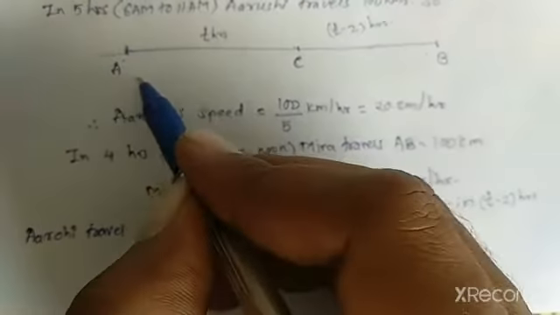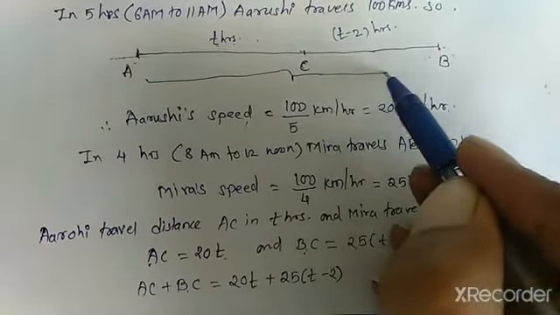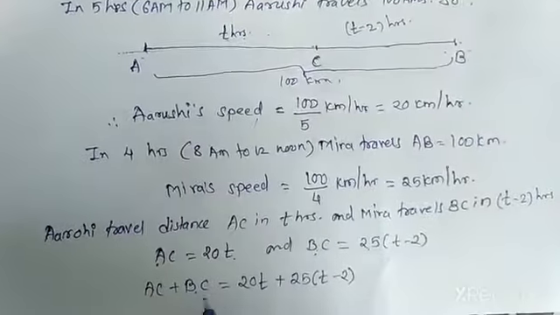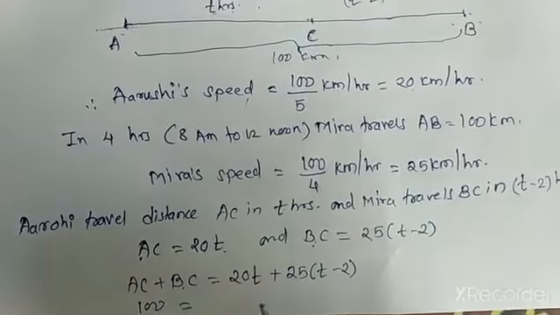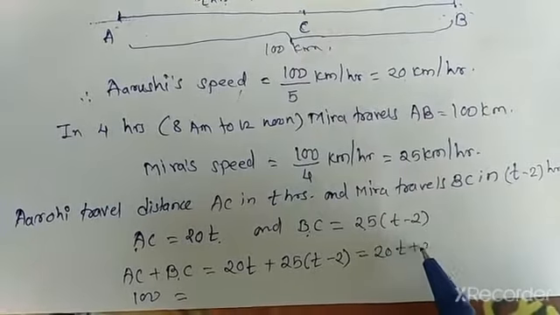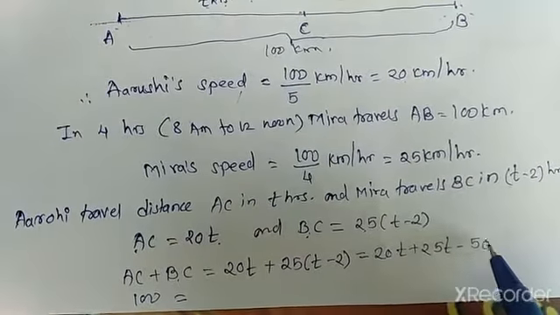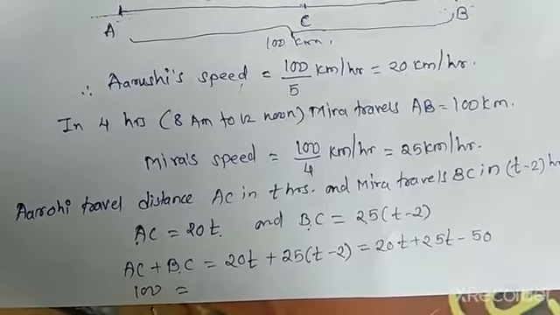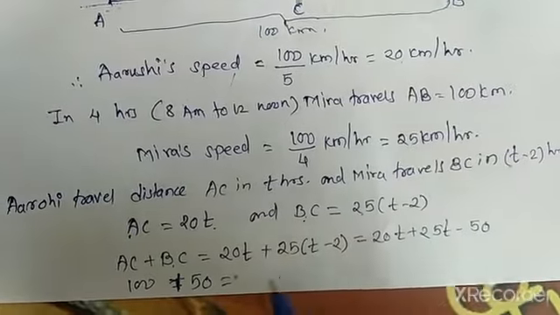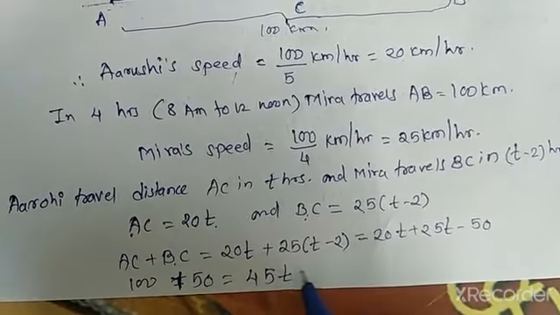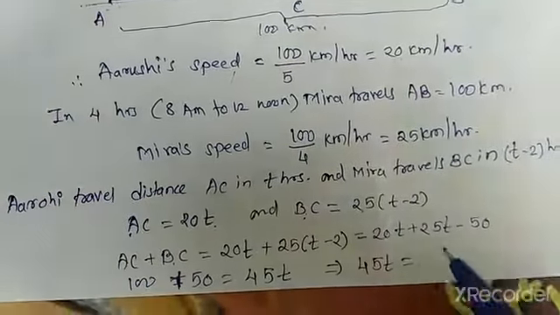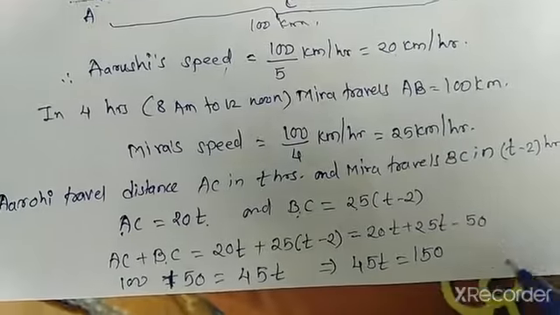This total distance, from A to B, is 100 kilometers. So 100 is equal to 20T plus 25T minus 50. We shift this minus 50 to the right side, which becomes plus 50. 20 plus 25 is 45T, which gives 45T is equal to 100 plus 50, which is 150.